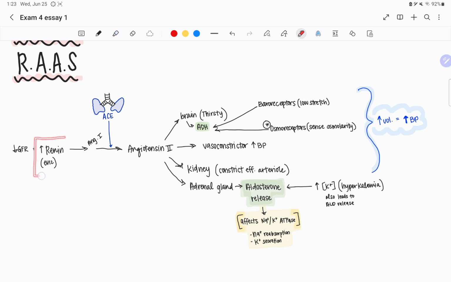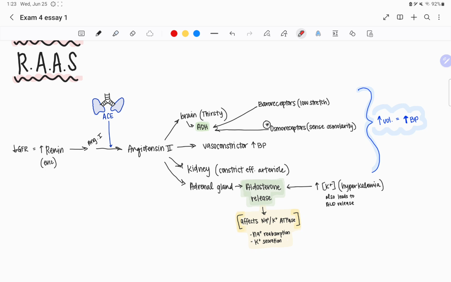What it releases is an enzyme called renin. Renin reacts with angiotensinogen and changes it into angiotensin 1. Then ACE is another enzyme that changes angiotensin 1 into angiotensin 2.